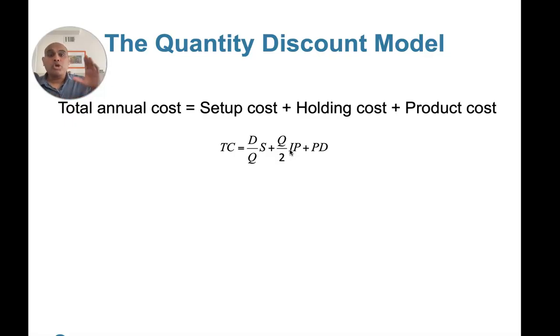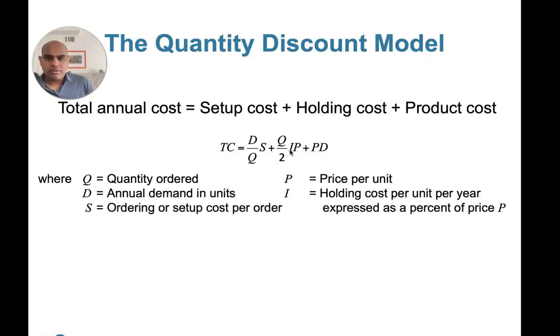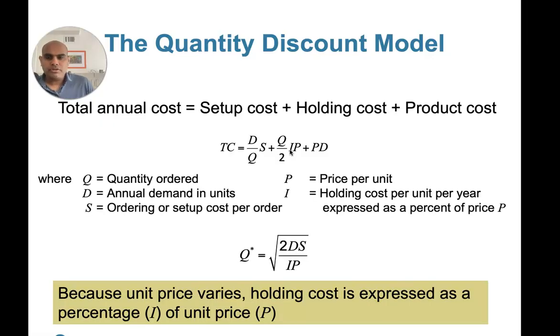But now, because the product cost itself can be different in different scenarios, you write holding cost as a percentage of the price of the item. So in this example, the unit price varies, and the holding cost is expressed as a percentage of the price of the unit, right? I'll explain this in more detail when we move to the Excel file, but that's the basic idea.